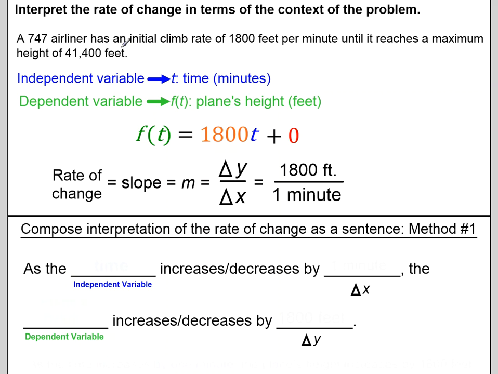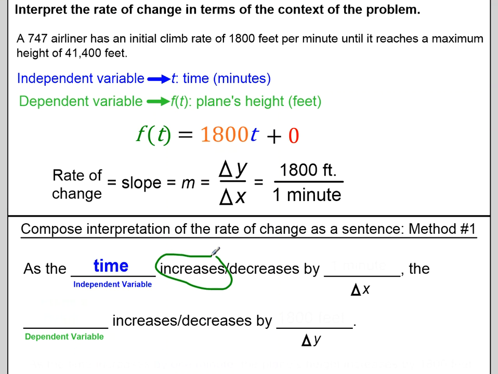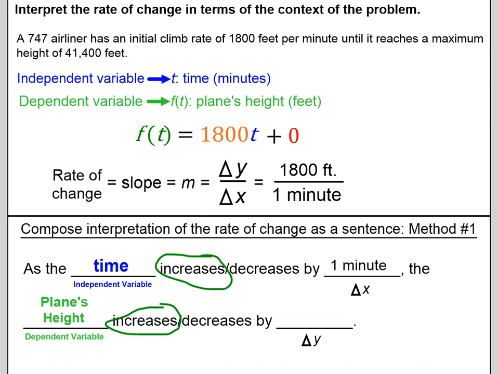So in the context of this problem, that is as the time increases, because that 1,800 is a positive number, by 1 minute, then the plane's height increases by 1,800 feet.